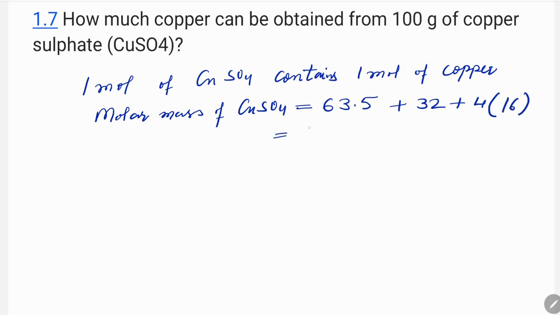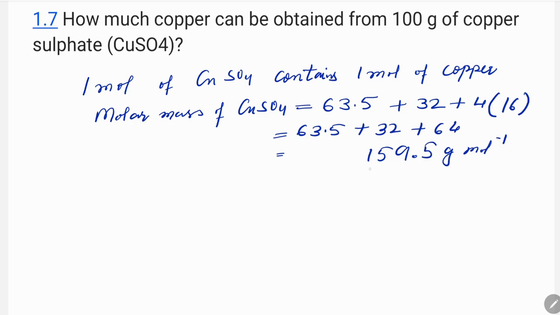So 63.5 plus 32 plus 4 into 16, which is 64. When we add it, we add from the back: 0.5 is written like this, and 3 plus 2 is 5 plus 4 is 9, and then 6 plus 3 is 9, 9 plus 6 is 15. So 159.5 grams per mole. This is the molar mass of copper sulfate.